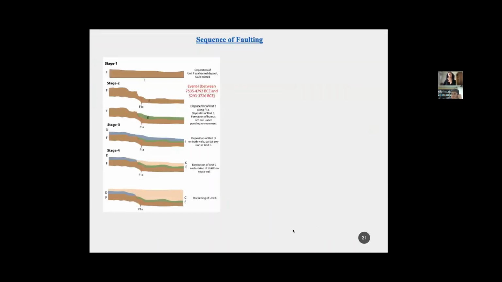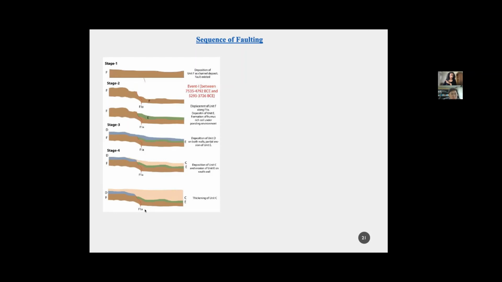This is the reconstruction of the sequence of faulting. First, there was a deposition of this unit, and then it got faulted. After that, this unit E was deposited, and then again deposition was happening, and then this unit got deposited.